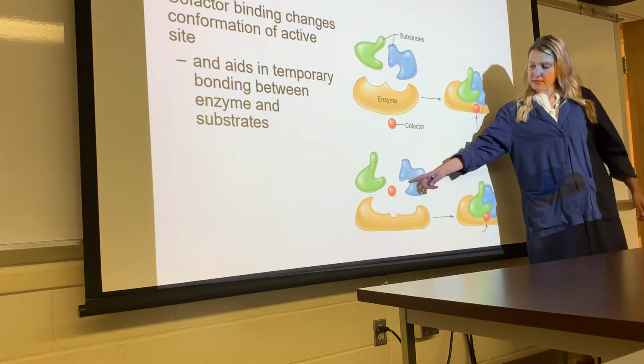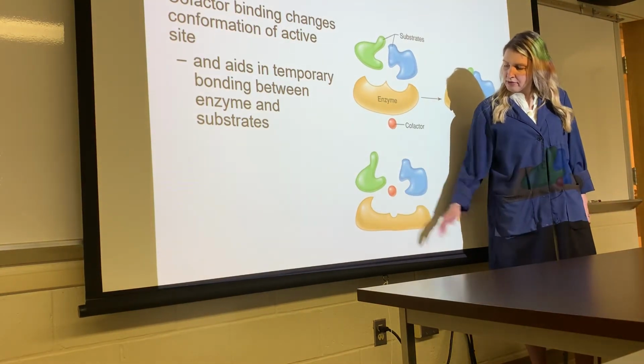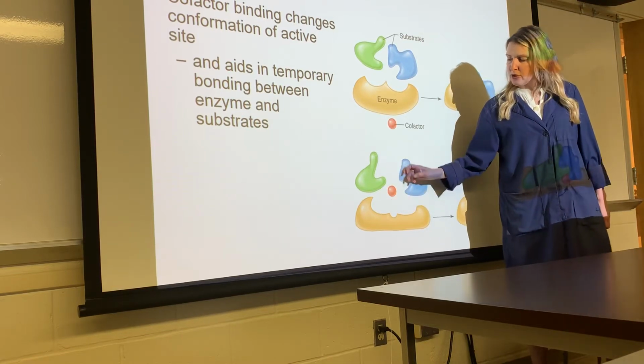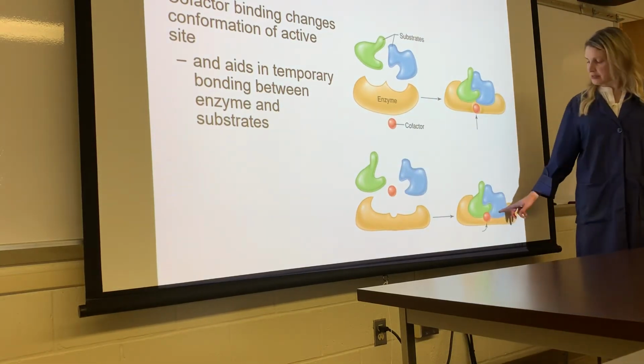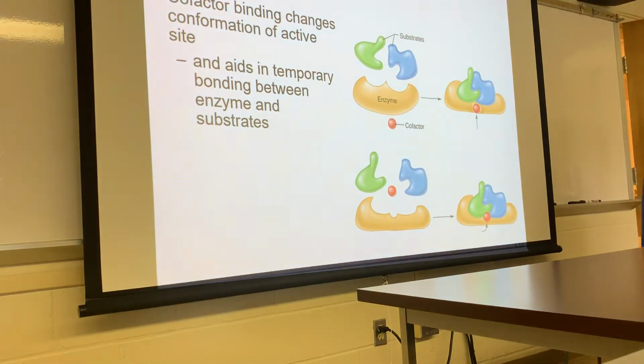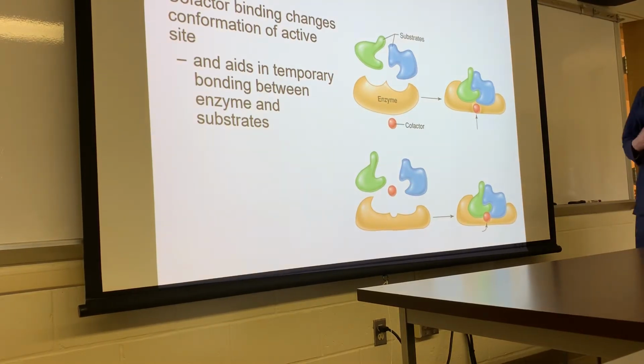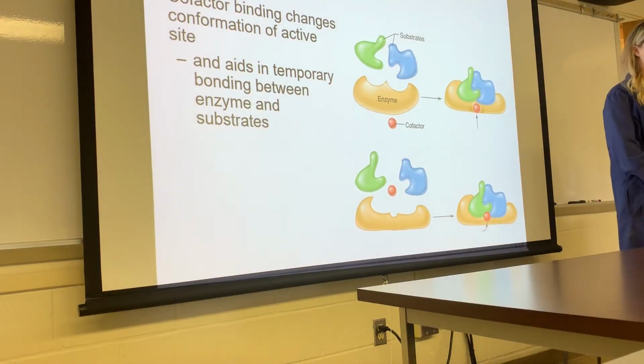Likewise, in this case, it's binding to an area in the middle of the active sites so that the two substrates can more easily and more quickly bond together. So cofactors help the enzyme work more efficiently and more effectively.